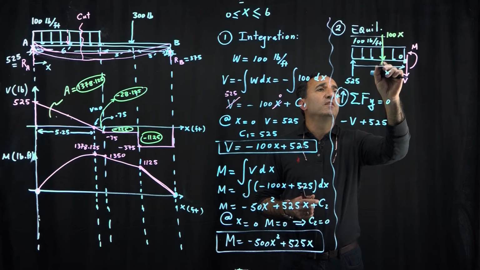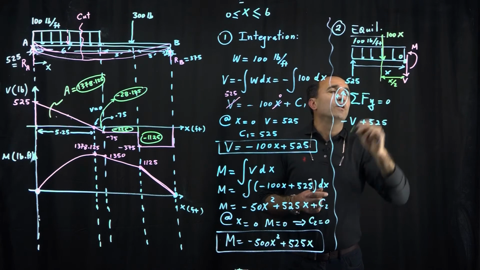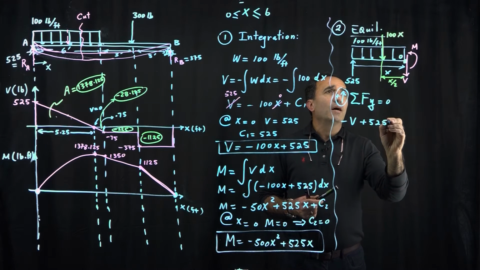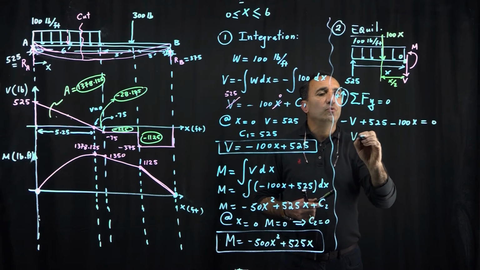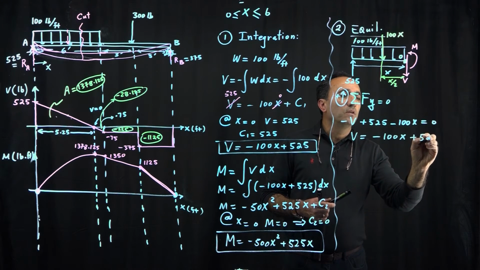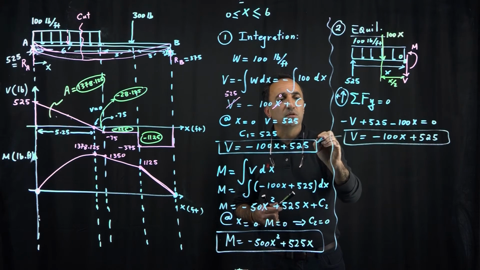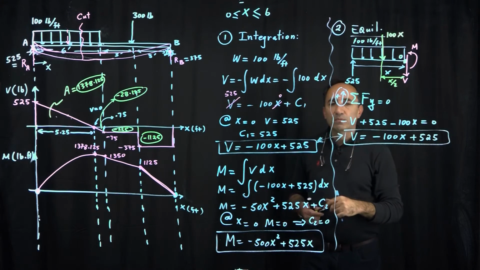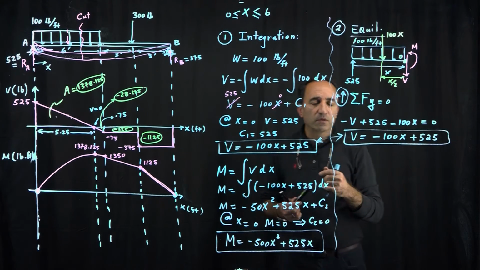And I put it right in the middle at x over 2 from this end or the other end. So that would be a minus 100x. And guess what? When you solve for V, you get exactly the same equation. Matching. There we go. Totally different approach. This was by integration. This is by equilibrium.